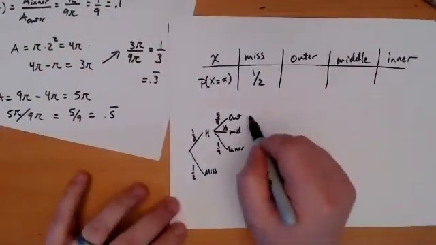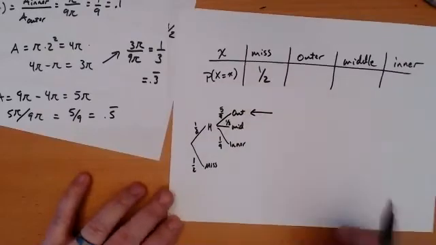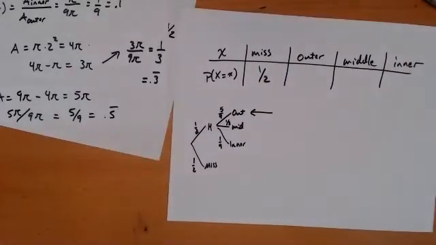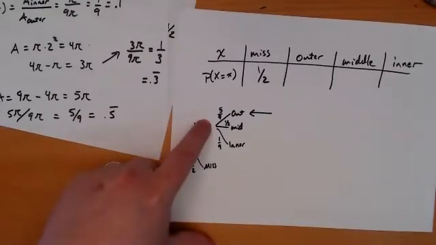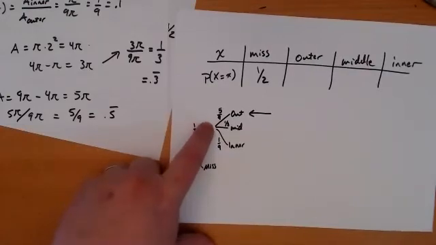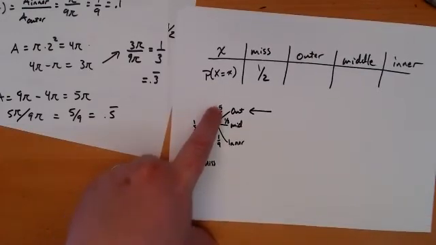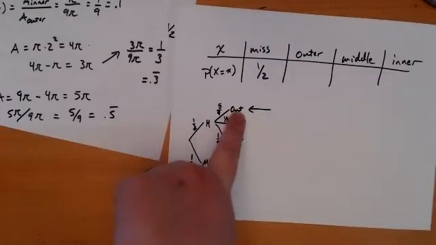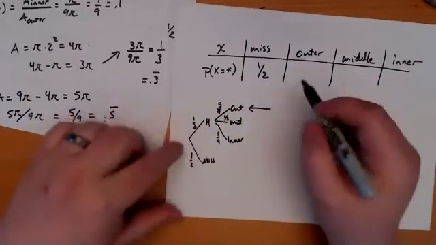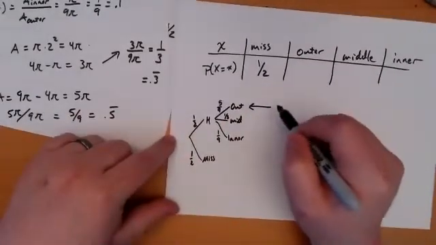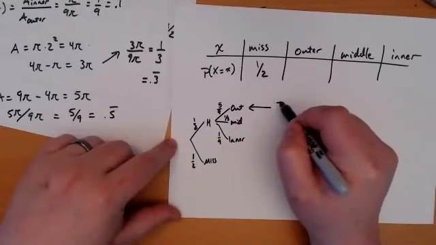So what is the probability of landing in the outer ring? Well, 2 events have to happen. First, I have to hit, and then 5/9 of the time, it lands here. So my overall output, my real probability, is 5/18.